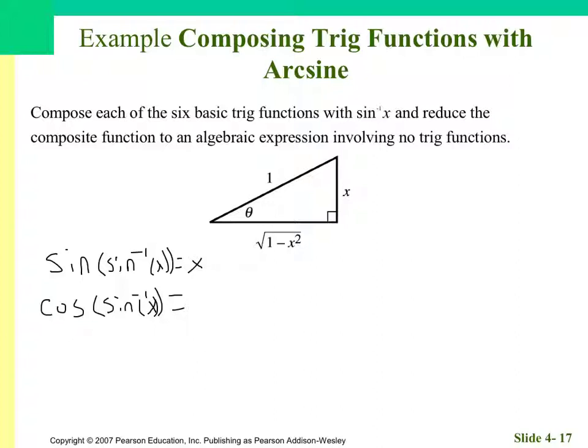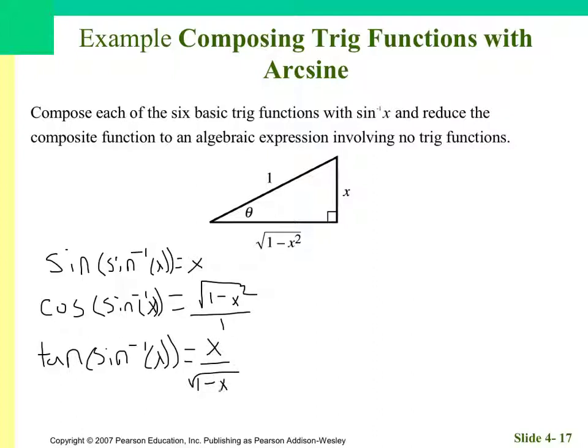Well, it's square root of 1 minus x squared over 1. The tangent of the inverse sine of x is x over square root of 1 minus x squared.